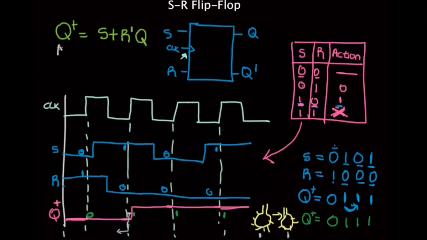Remember, this is the next state and this is the present state. Therefore, the next state is dependent on S, R, or R prime in this case, and Q. And you see, we needed Q right here because it was 1 here and we did nothing. There was no action. So we needed to copy this value and put it here.